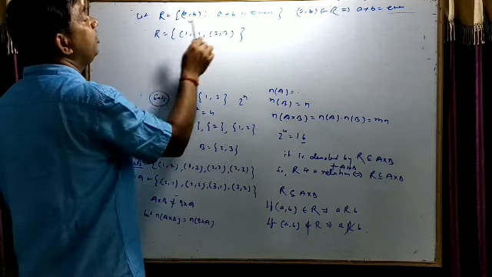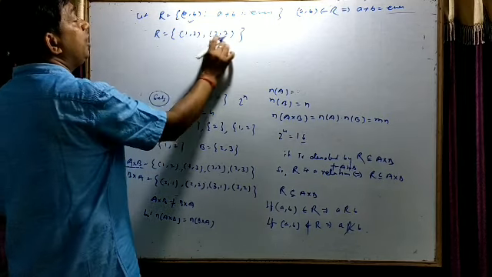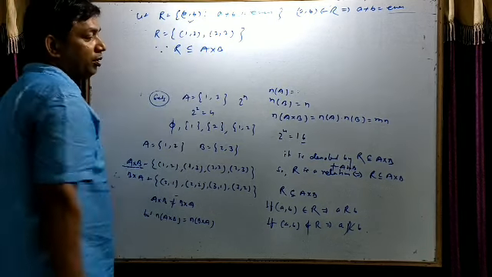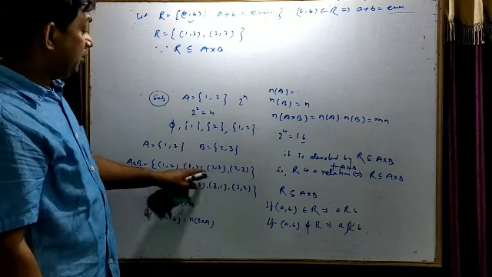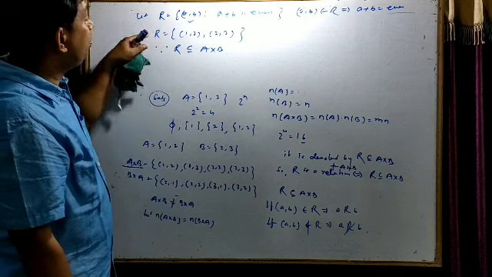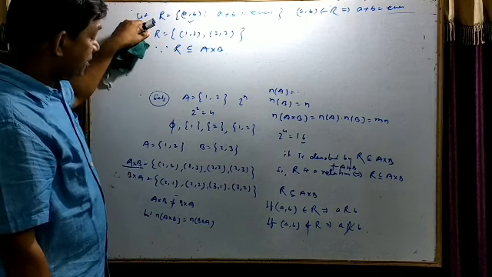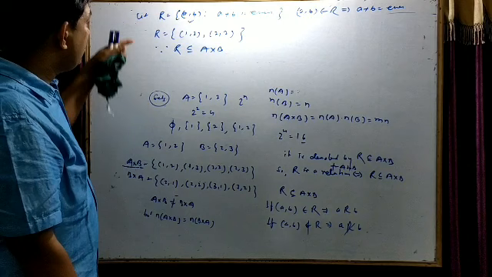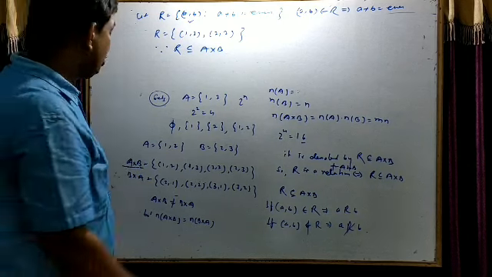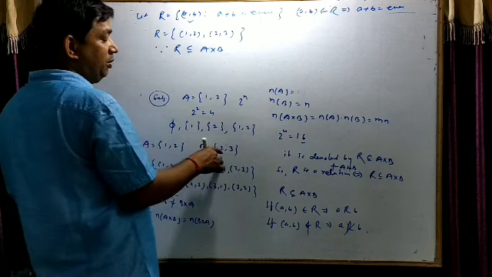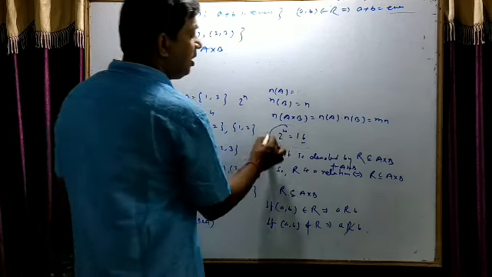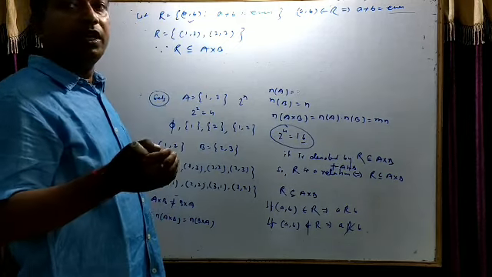So in this rule, these elements of R, is R a subset of A cross B or not? You see, because when we take A cross B, then (2, 2) is present and (1, 3) is also present. It means the elements of R are always members of A cross B, so it is always a subset of A cross B. Then only we can say R is a relation. And you know that if A has 2 elements and B has 2 elements, then A cross B has 4 elements, and the total number of possible subsets is 16, which means 16 relations we can write.